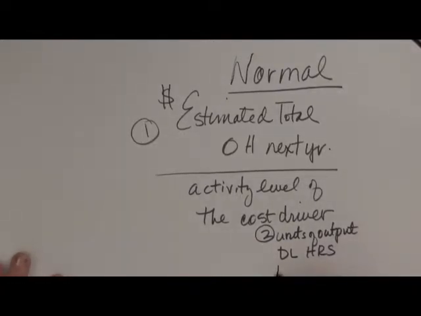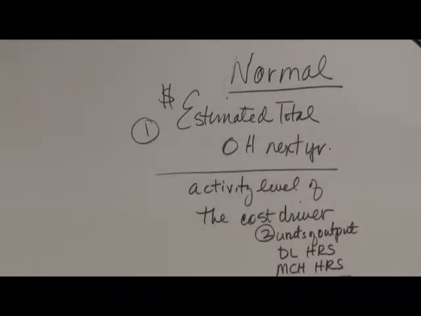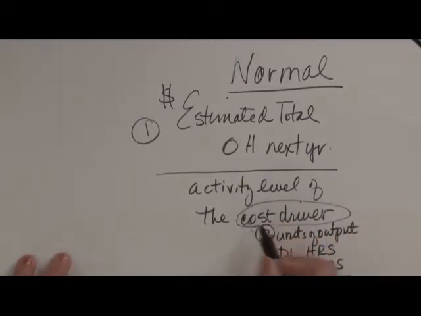If it's highly mechanized, it may use machine hours. But what we're saying when we choose a cost driver, we're saying, for example, if we choose machine hours, the more machine hours we have, the more overhead cost we will also have. So we're looking for that cause and effect relationship. So step 2 is choosing the most appropriate cost driver.